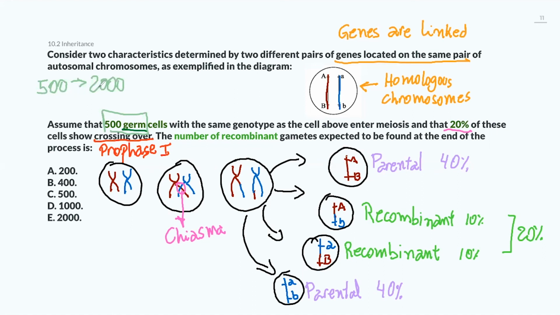So 500 times 4, that's 2,000 gametes, but 20% of those are recombinant. So 20% of 2,000, well, that is 400. Letter B, 400.